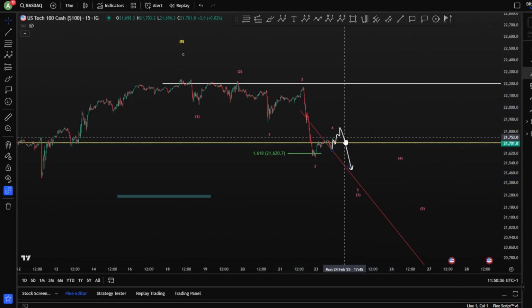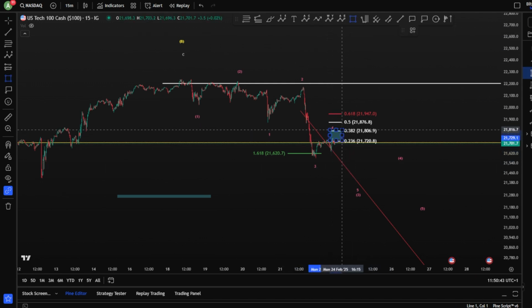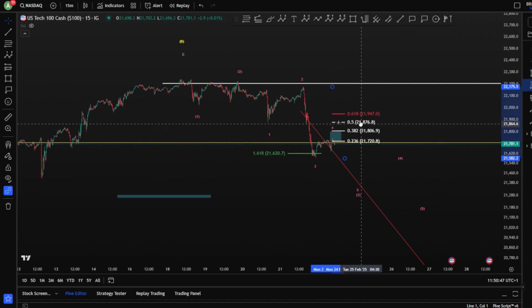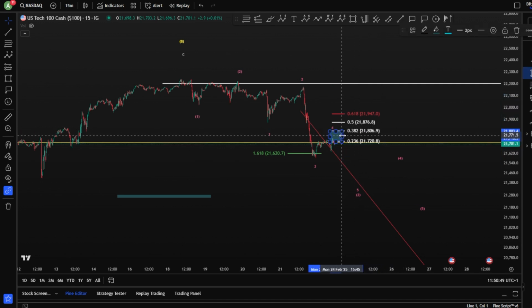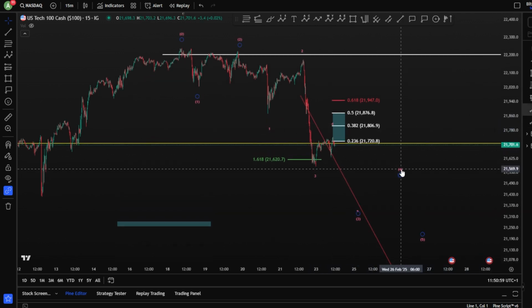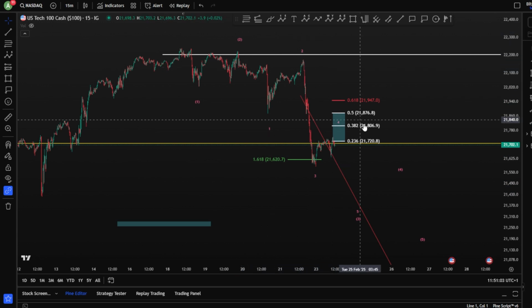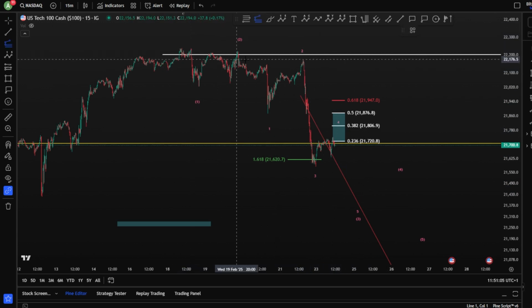Your wave 5 target, so let's keep this blue zone. We might hit between this blue zone for a wave C and a wave 4, so be careful, it might even be longer. It can even overshoot to the 0.5 at 21K 800, which is very likely.